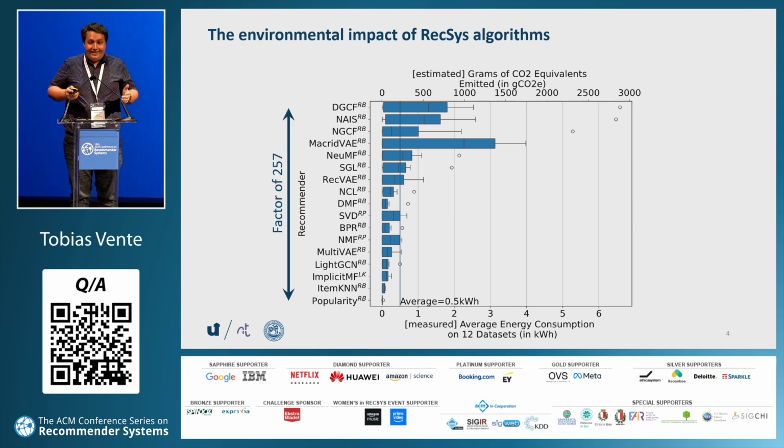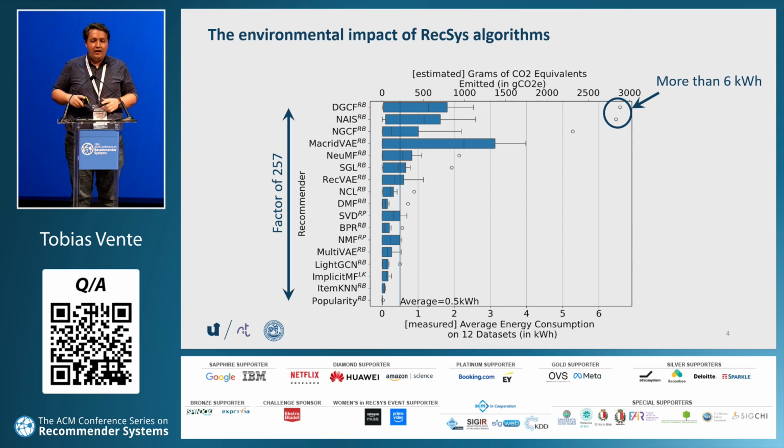The algorithm choice in this scenario matters a lot, because based on the algorithm that you select, there is a difference of up to a factor of 257, with some algorithms exceeding 6 kilowatt hours per run.